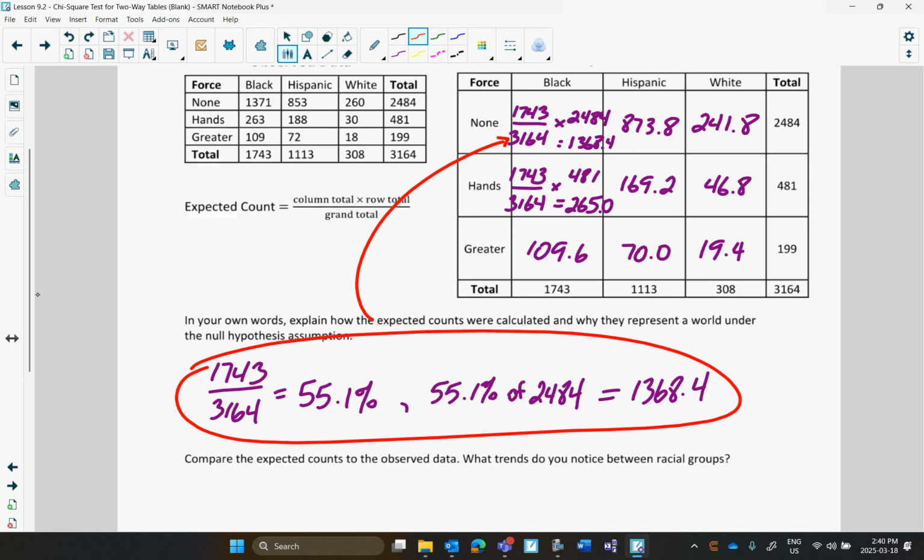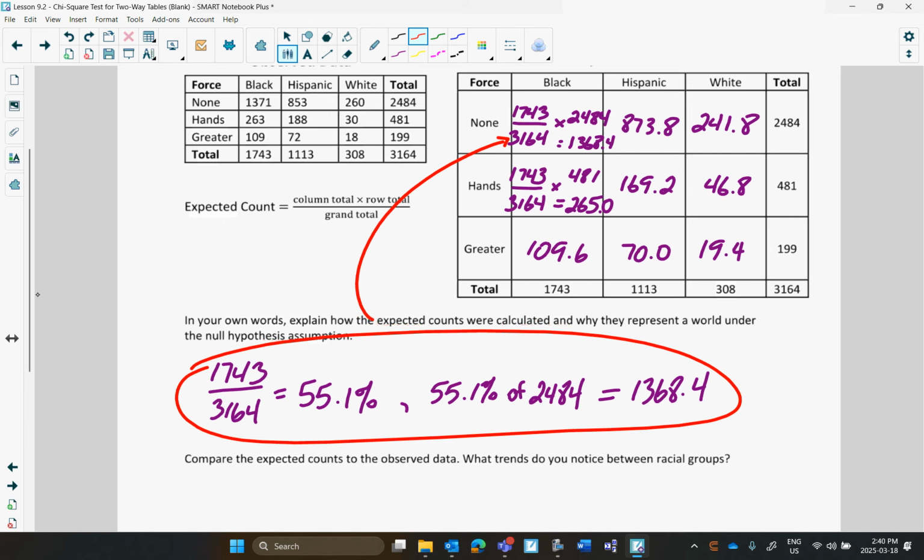Hispanic, we would expect more to have no force than actually did. We would expect less. So it looks like here for Hispanic, the actual people that experienced hands or even greater force was higher than what we would expect. Whereas for white people, it was lower for hands.